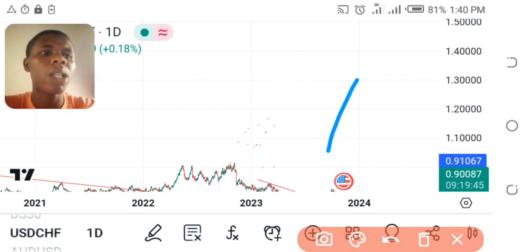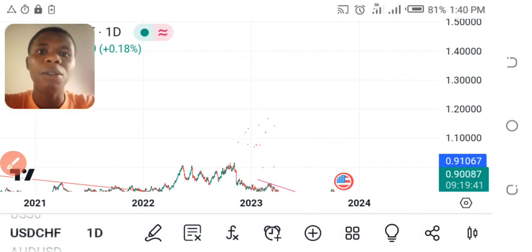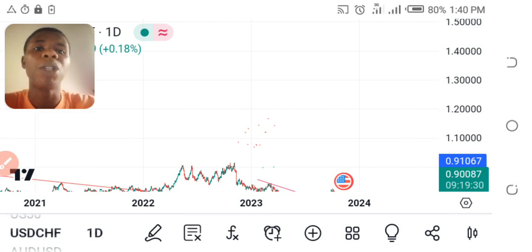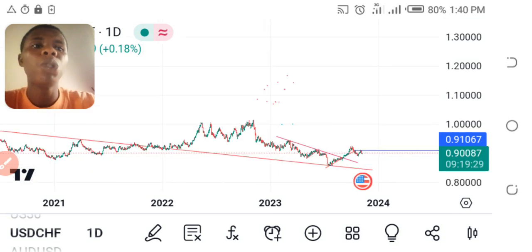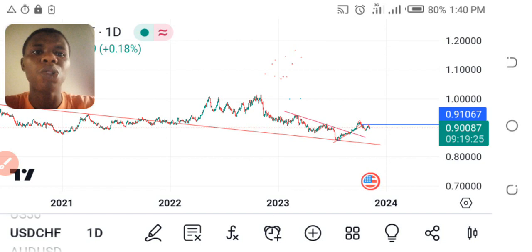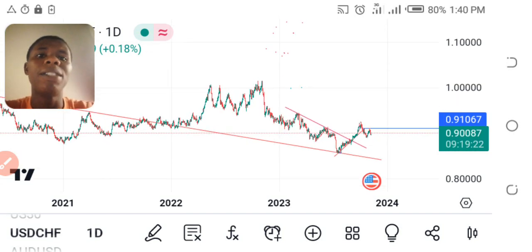Let me quickly say this: the level of risk you can manage will determine how long you stay in the game. If you are not managing your risk effectively, you're going to be wiping out your entire capital. You don't want to allow some trade to wipe out your account because you are greedy after the money.